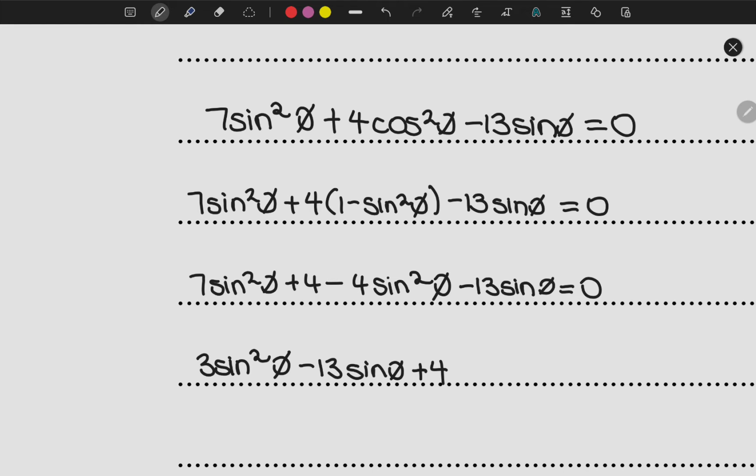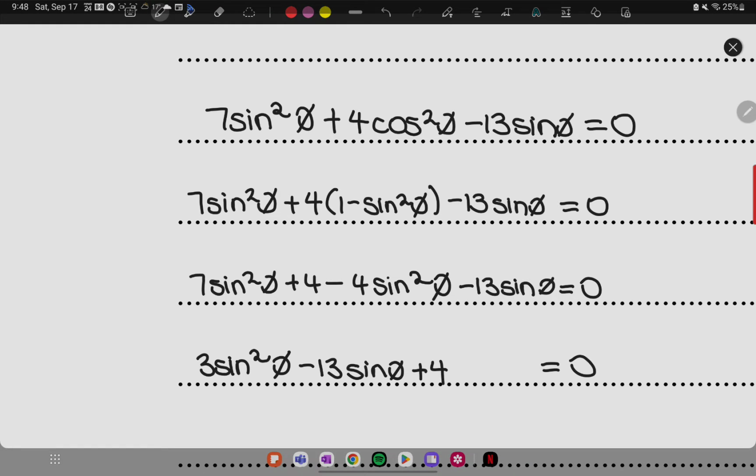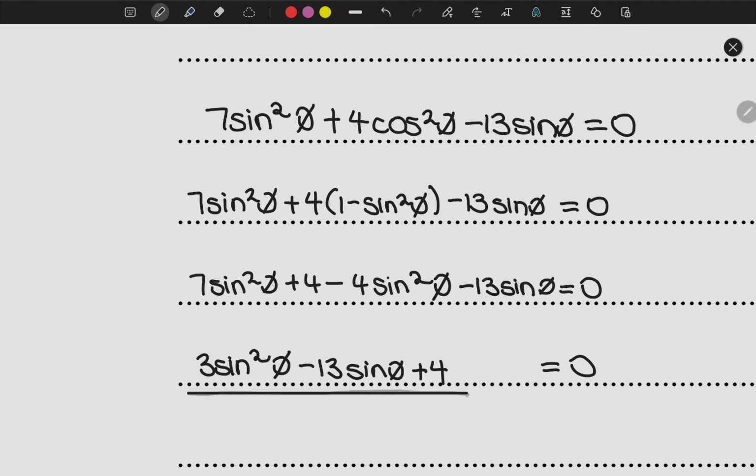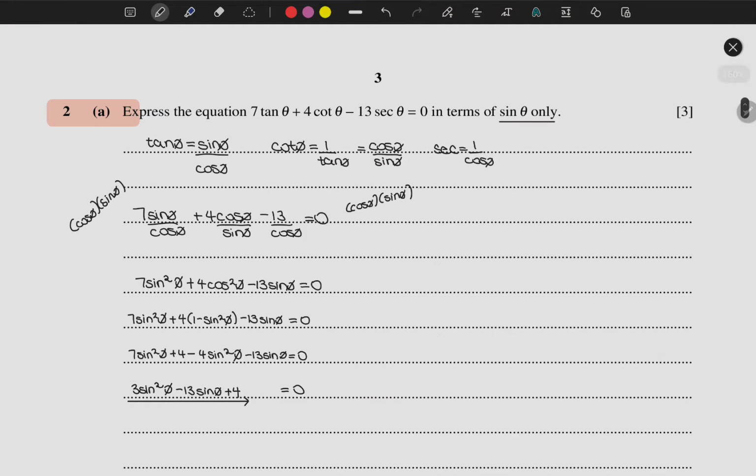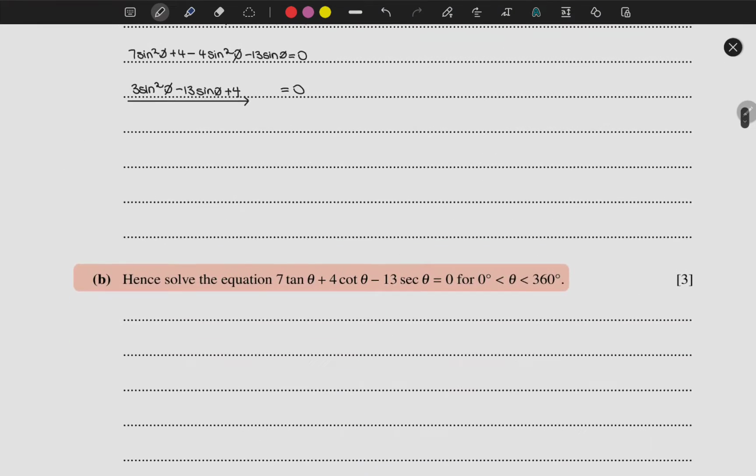Wait, let me just check. Yeah, it's equal to 0. Everything is in terms of sine, so we've solved this question. So now let's move on to the next one.